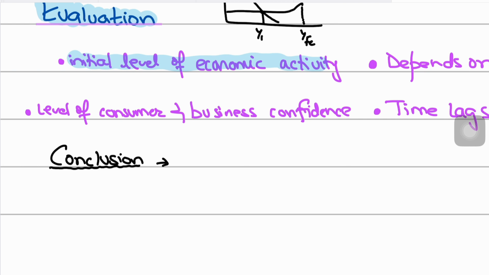For example, you'll say that it needs to be complemented by other policies, such as expansionary fiscal policy and expansionary supply side policies as well, to help the economic recovery be lasting and sustainable. So the economic recovery from deflation and a recession is not only lasting, but it's sustainable as well, right?